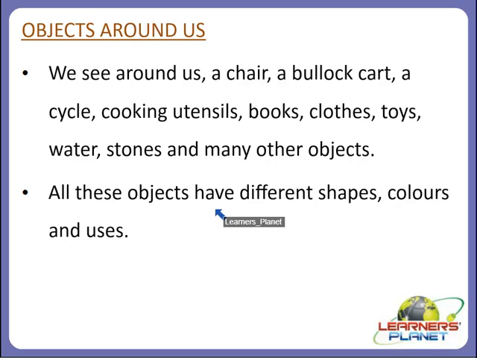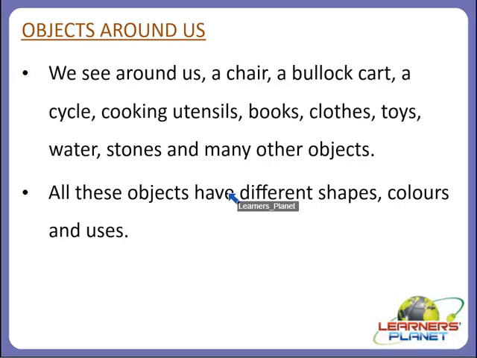We can say that our food and clothes have so much variety in them. Not just food and clothes, there is a vast variety of objects everywhere. And we see around us all these objects which are made up of various types of materials.